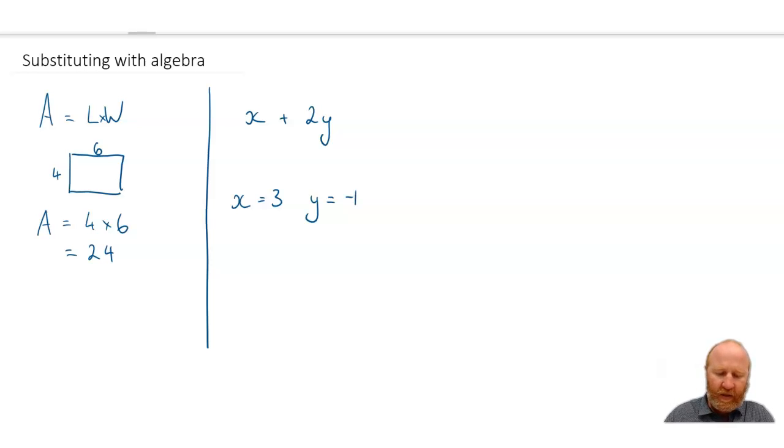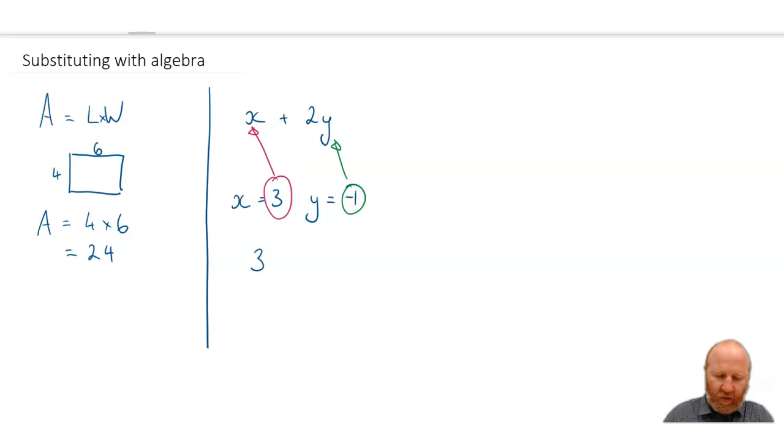So in this case, you would need to substitute that x value of 3 in for the x there, and substitute that y value of minus 1 for the y there. So let's have a look at that.